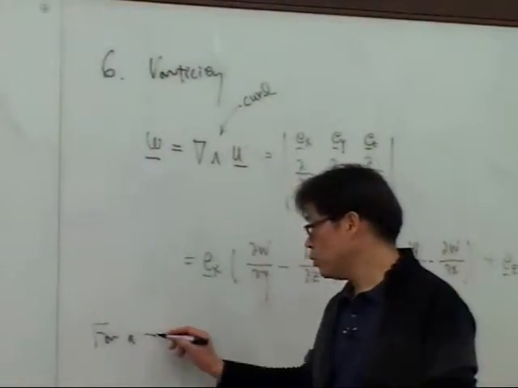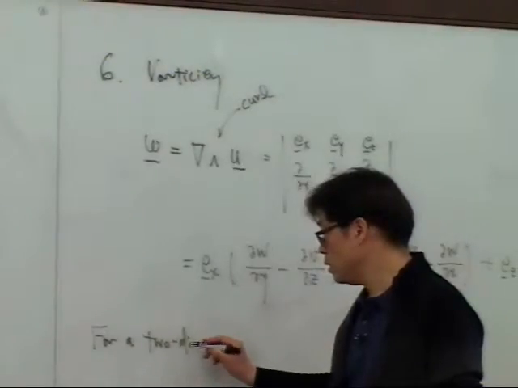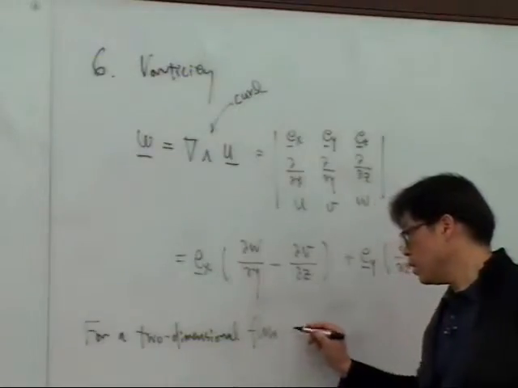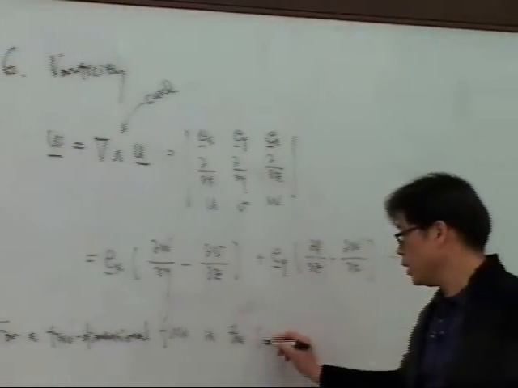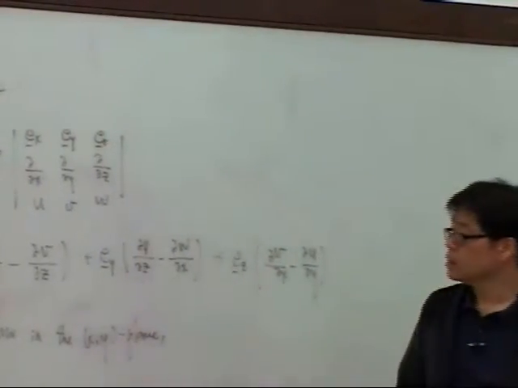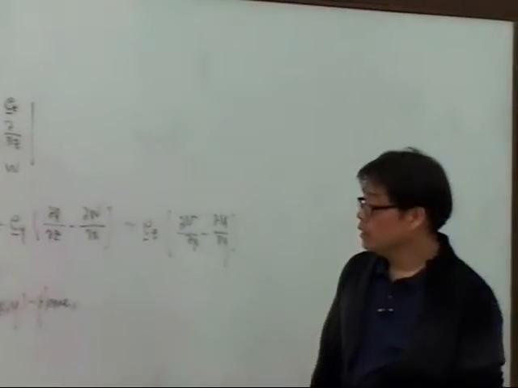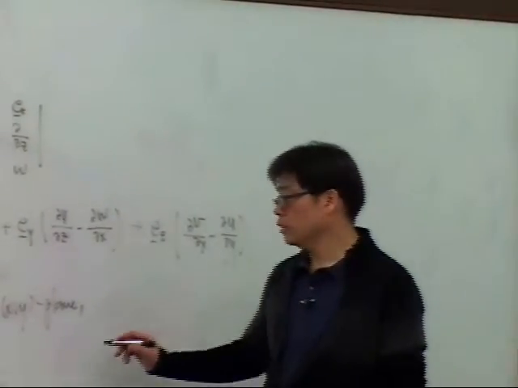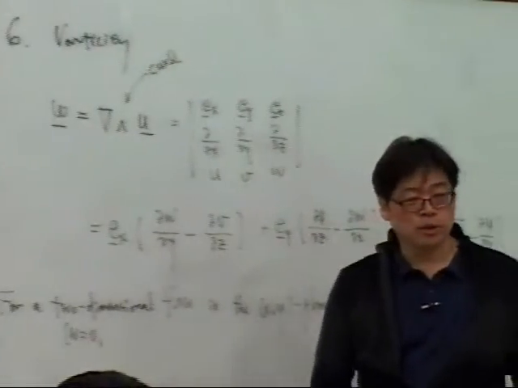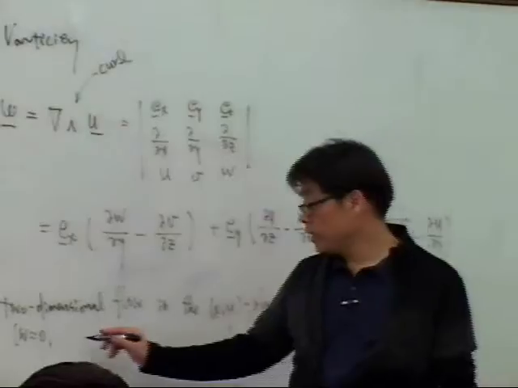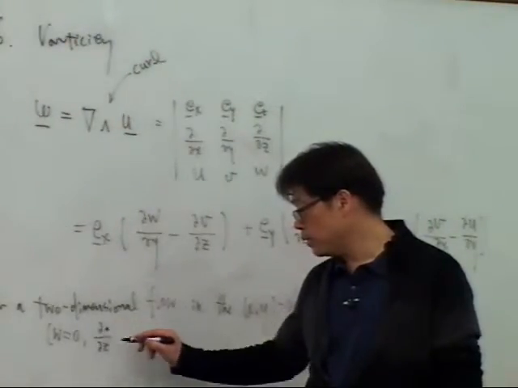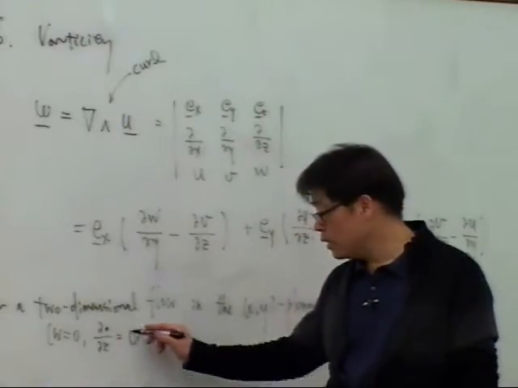For a two-dimensional flow in the xy plane, meaning that you have only u and v components in the xy plane, and also when you take a z derivative of anything, that is 0.